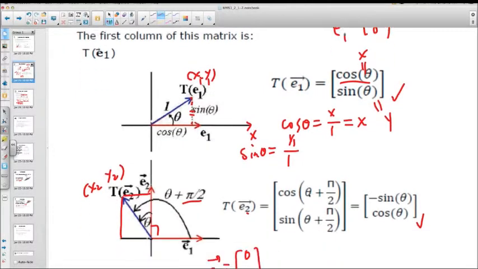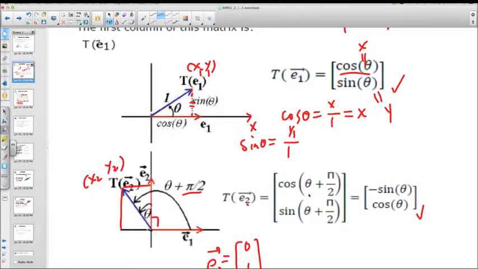How do we rotate E2? E2 is the unit vector in the y direction, that's 0, 1. So the only difference is pi over 2. Rotating E2 by theta is equivalent to rotating the E1 vector by theta plus pi over 2.